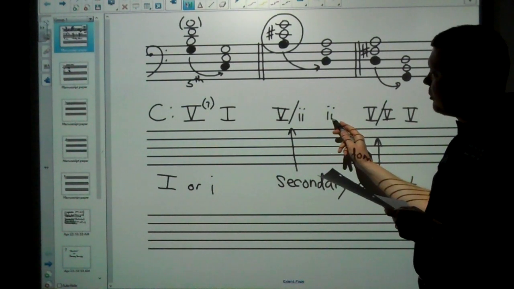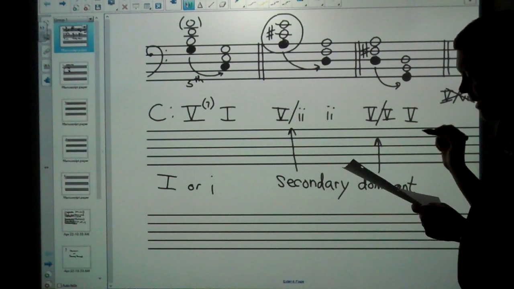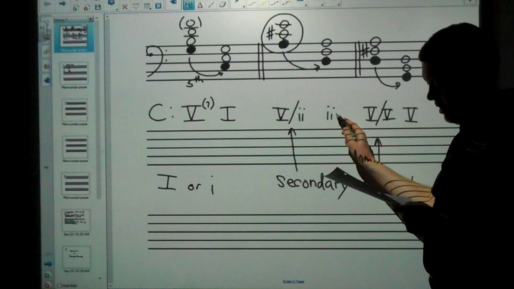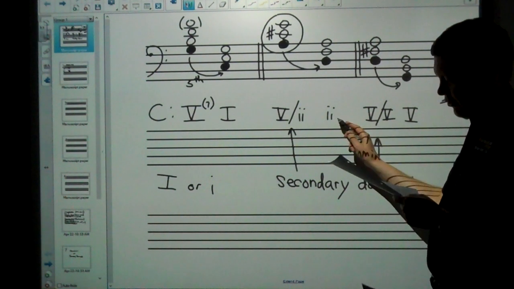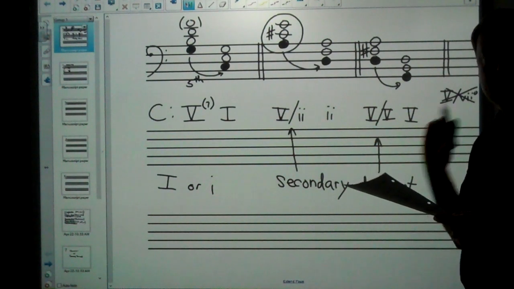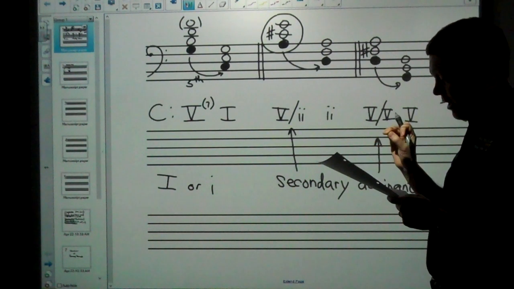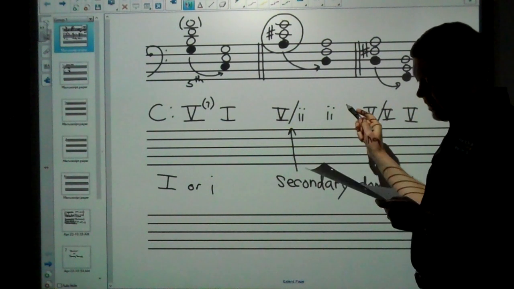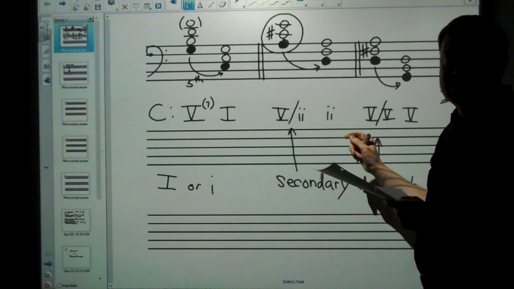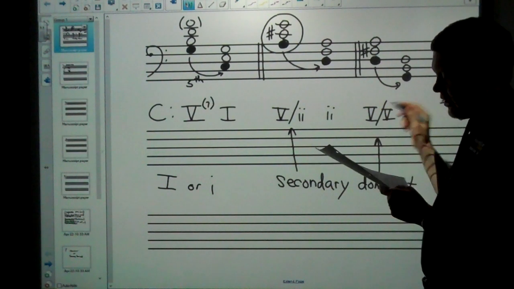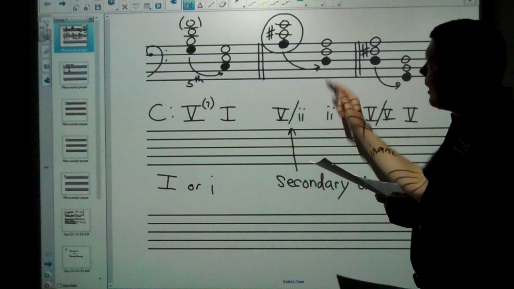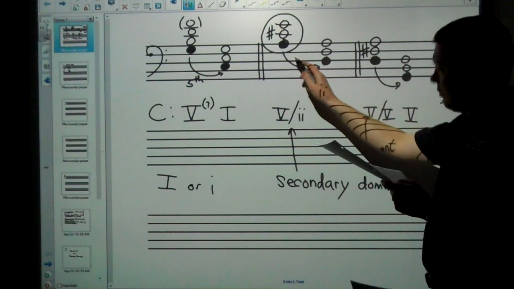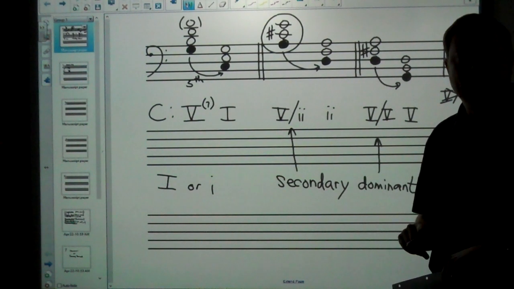When a major or minor triad is preceded by its own dominant, this non-tonic chord sounds for a brief moment like a tonic, even though it isn't actually a tonic. And the reason it sounds like a tonic just briefly is because a major triad or a major minor 7th chord is moving to a chord whose root is a fifth lower.